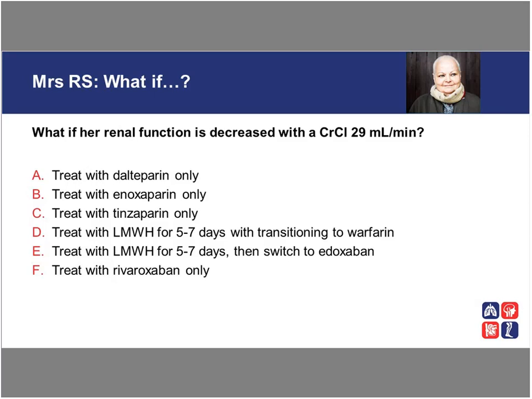And in cancer patients specifically, where often you are faced with nephrotoxic agents that can be given, even at creatinine clearances between 30 and 50, you have to think about it and follow your patient closely when considering using a direct oral anticoagulant.